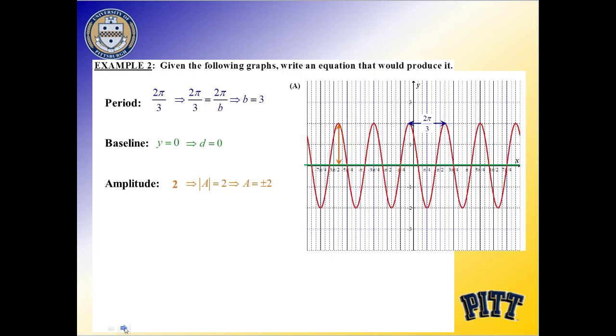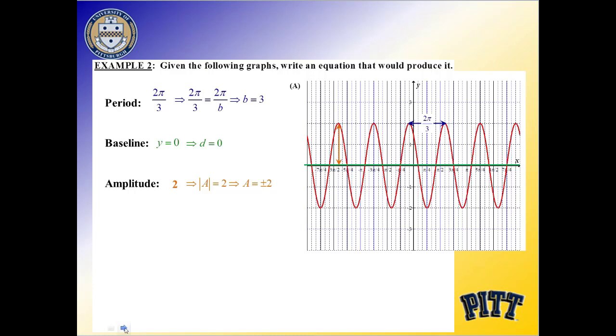A phase shift is going to be dependent upon what I choose to be a starting point. Now, keep in mind, we typically like to start these graphs at the y-axis. So if I can start the graph at the y-axis, I'll certainly try to do that. For me to have a starting point on the y-axis means the graph either has to be at its highest point when it's at the y-axis, its lowest point when it's at the y-axis, or be at the baseline when it's at the y-axis.